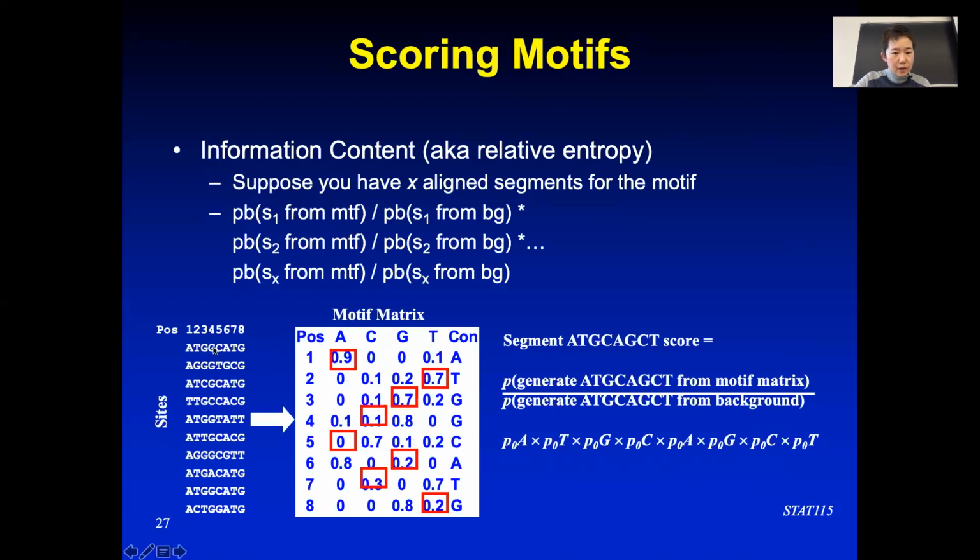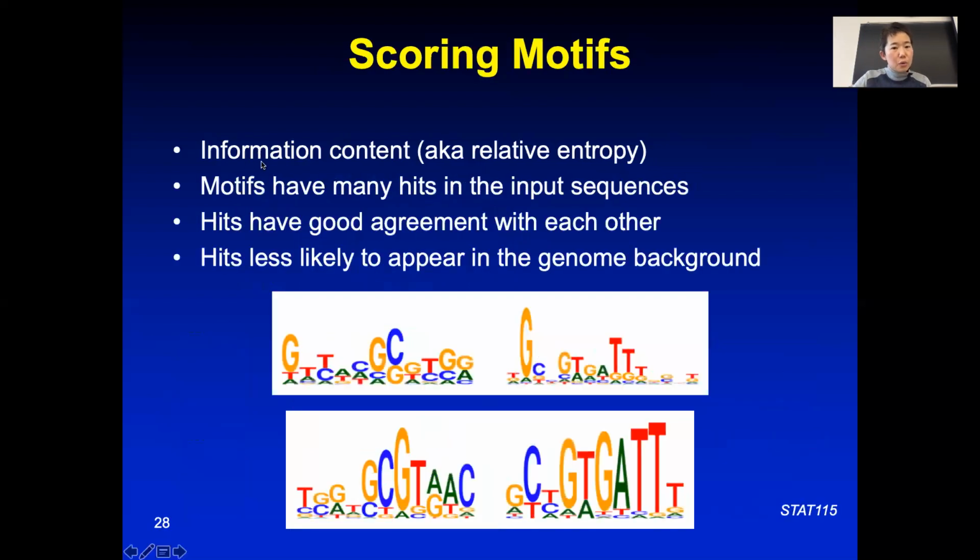This is for the first sequence, and then we look at the second sequence, and the third sequence, all of them together. You multiply them together. You want a big separation. We want this alignment to look a lot like the motif and very different from the genome background. So you use information content, or the relative entropy, to decide whether the motif is good.